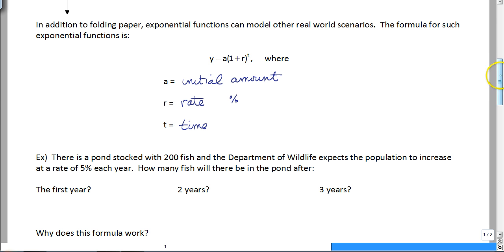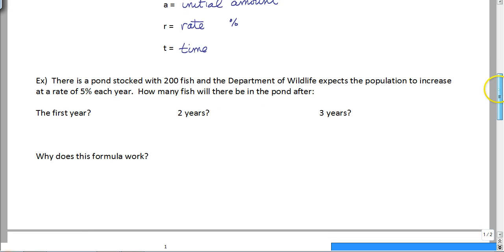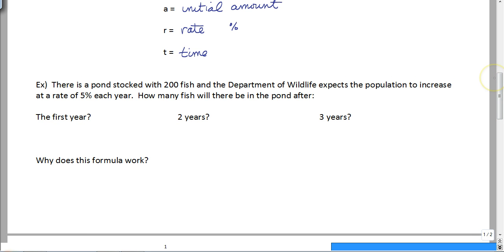Okay? So, there is a pond stocked with 200 fish, and the Department of Wildlife expects the population to increase at a rate of 5% each year. How many fish will there be in the pond after the first year, 2 years, 3 years? So you just have to use your equation where you use the initial amount of 200 fish, times 1 plus your rate of 5%.